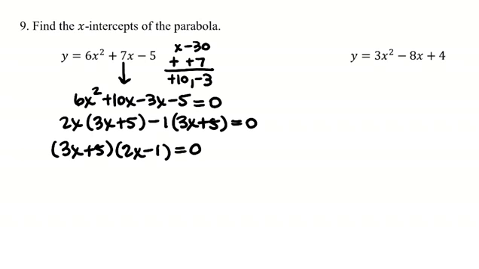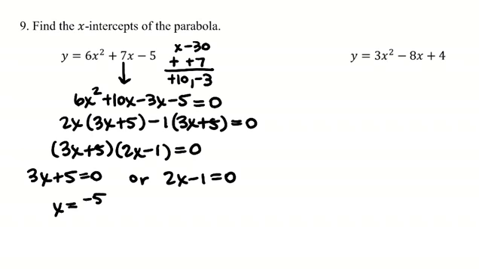And then I'm going to apply the zero product property: if two things multiply together to equal 0, then one of them has to equal 0. So either 3x plus 5 is equal to 0, or 2x minus 1 is equal to 0. This one's looking like negative 5/3. This one's looking like positive 1/2. And those are the x-intercepts.